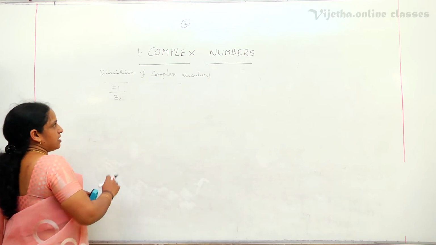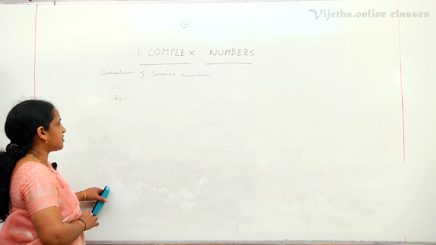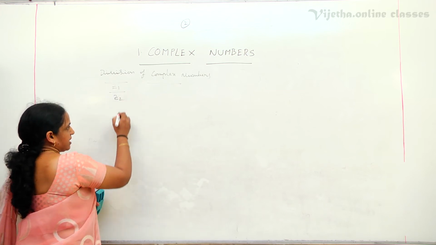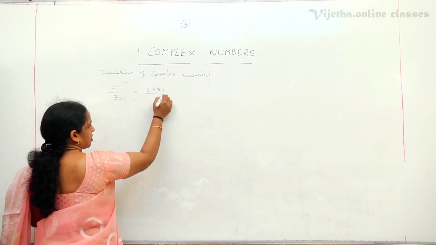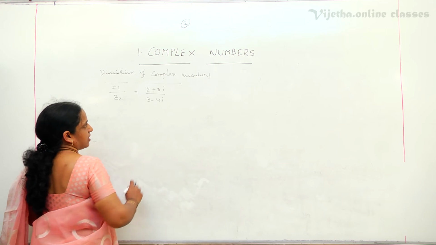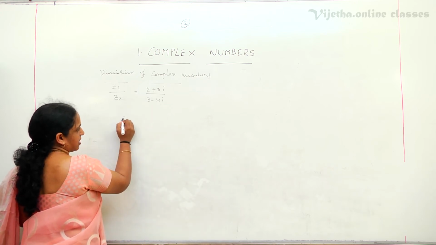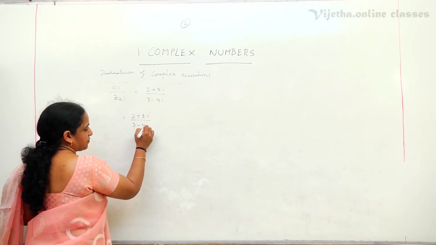If Z1 and Z2 are two complex numbers, then the division is Z1 by Z2. In this example, Z1 is 2 plus 3i and Z2 is 3 minus 4i. How to divide a complex number by a complex number? See it: 2 plus 3i by 3 minus 4i.